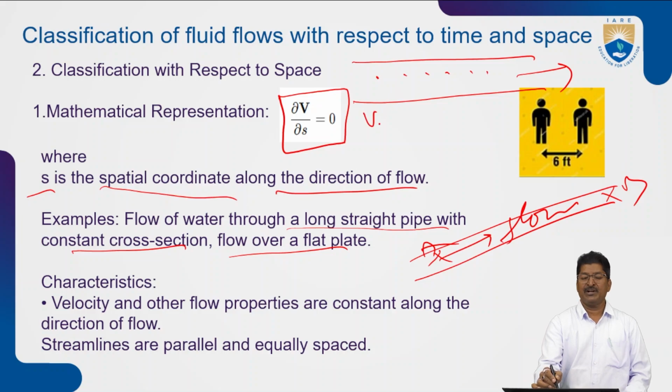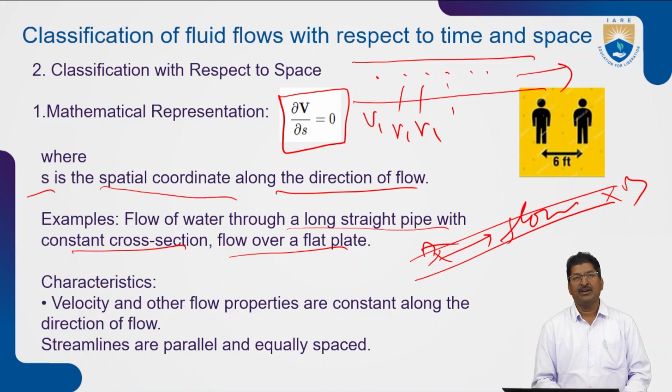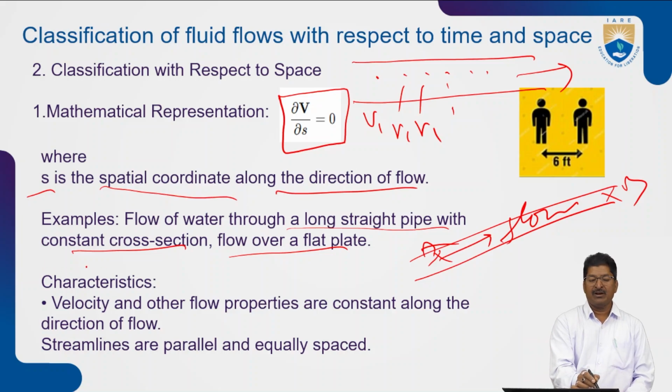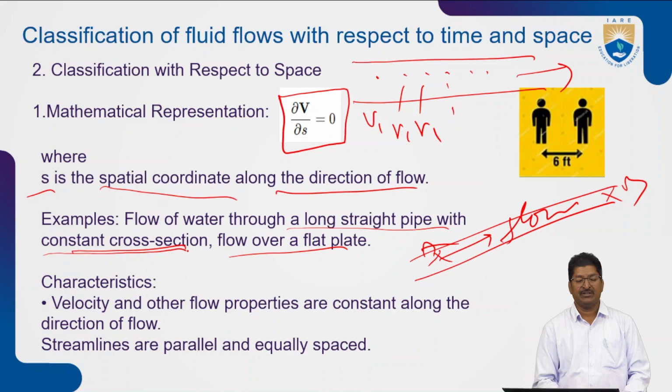Here is V1, here also V1, here also V1, like that, at a given point of time. So that is the uniform velocity. That's why it is given as constant cross section, that means the same diameter of the pipe.